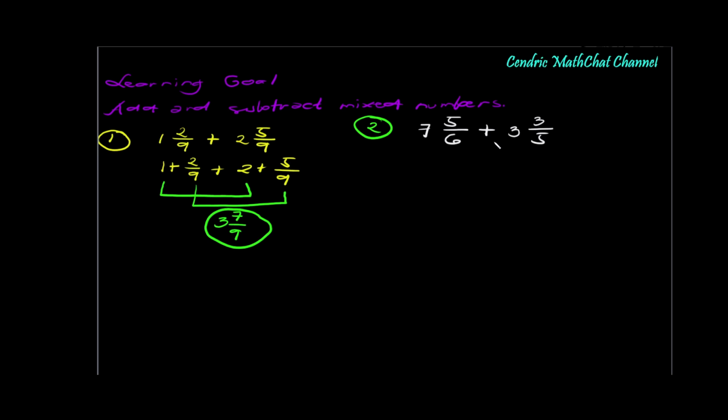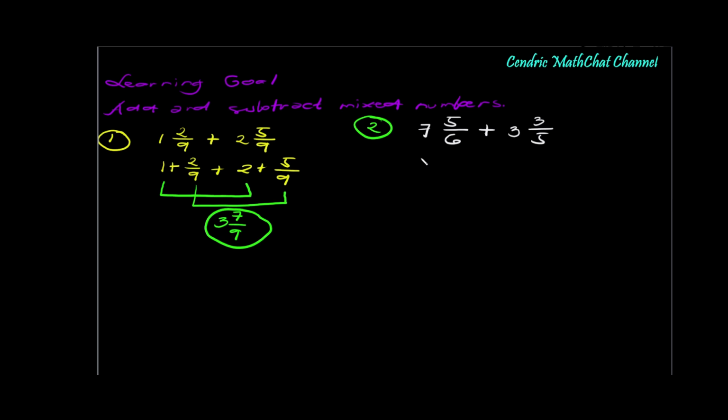So as I mentioned earlier, we don't need to convert our mixed numbers into improper fractions in order for us to find their sum. So we have 7 and 5 sixths. The unit here is sixths. The unit over here is fifths. So we have unlike fractions. So we need to make their denominators the same before we can add them.